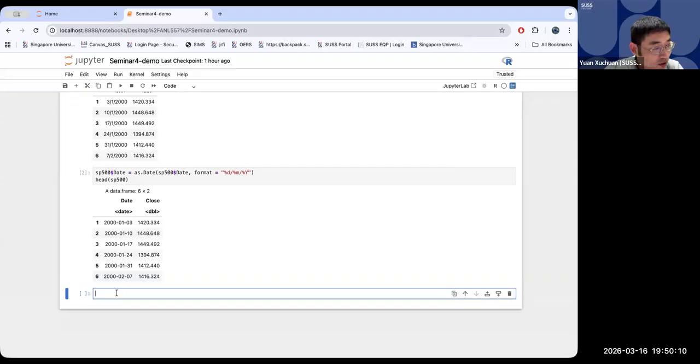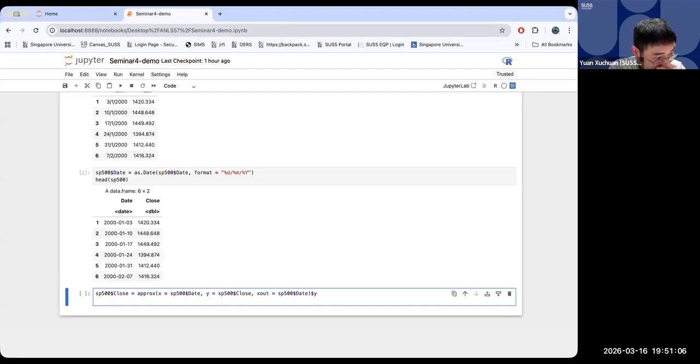So let's just use the approx function to fill the missing values using the interpolation method in the close column.